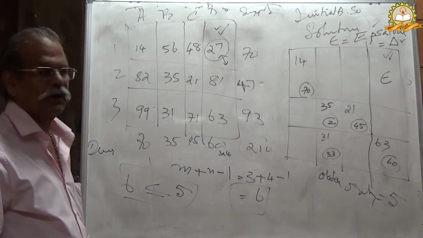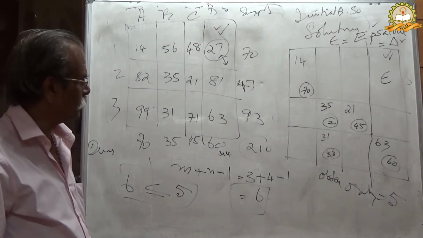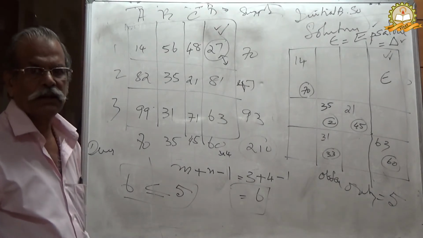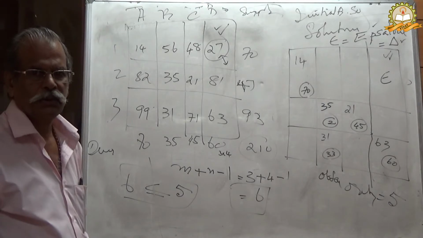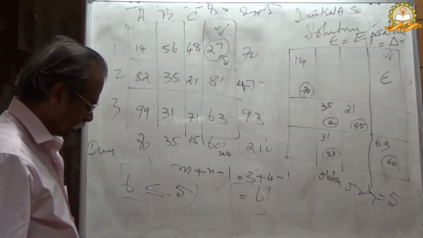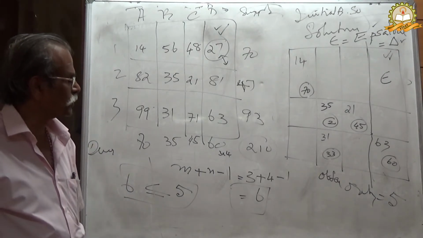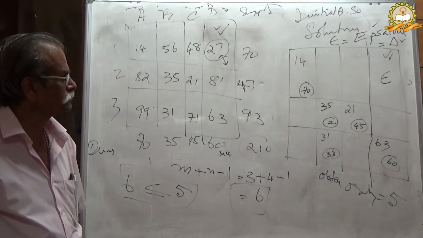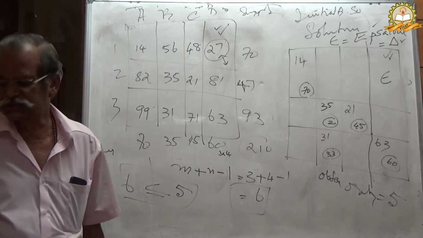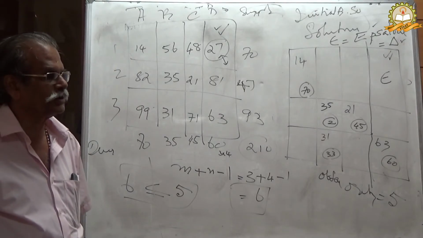Therefore, you are allocating, taking into consideration the lowest cell value, and epsilon is the smallest value equated to 0 at the end.